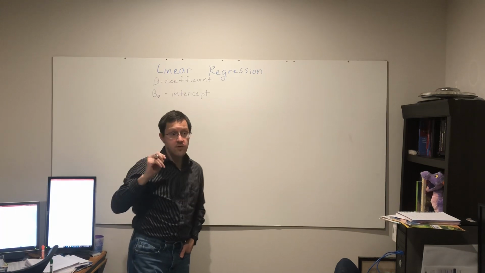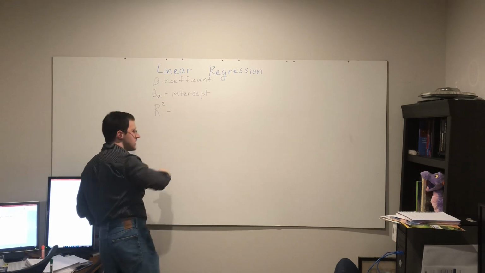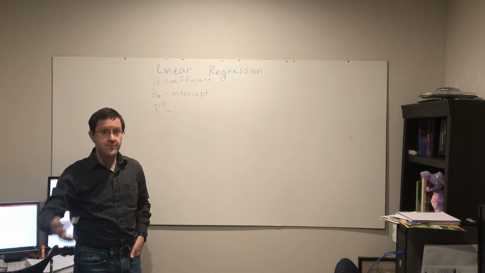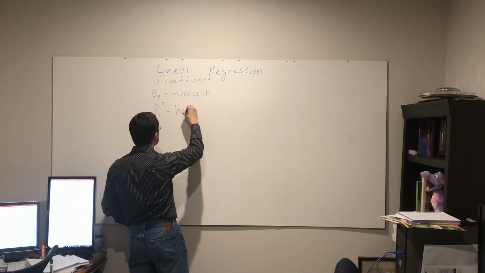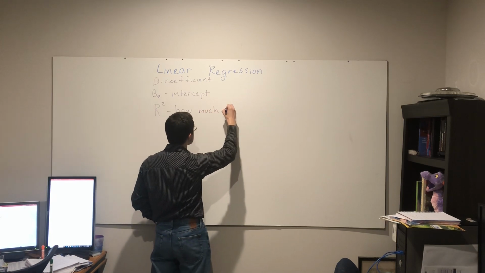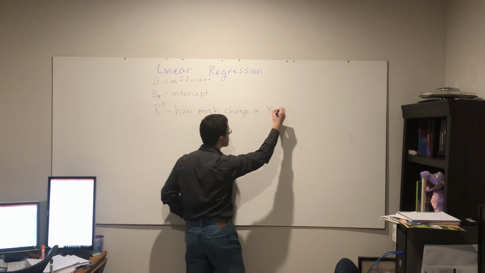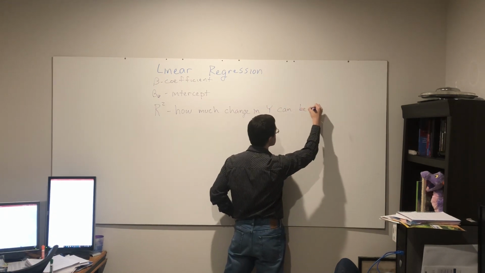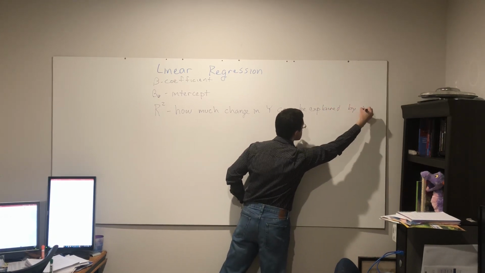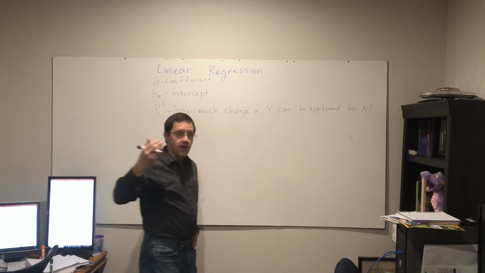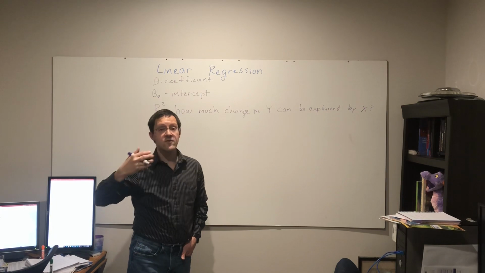The next thing we'll see is something called r squared. Well, r squared is, as x changes, how much of the variation in y is explained by that change in x.